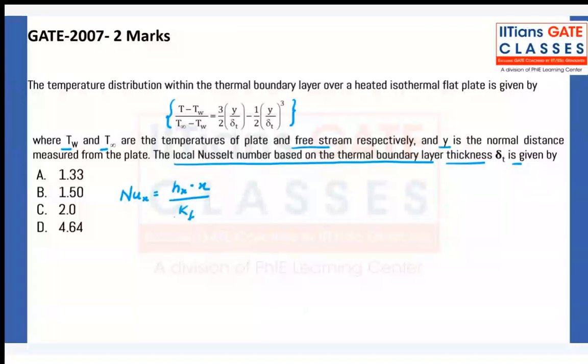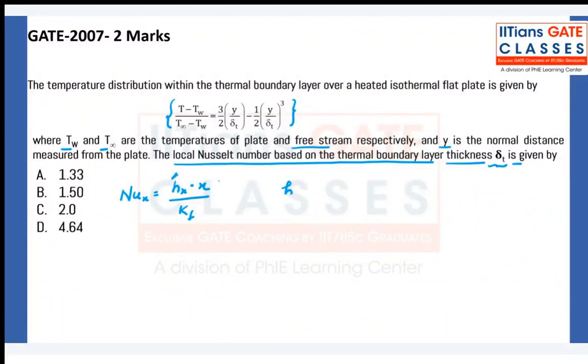Now I need to find out at a particular boundary layer thickness. It is based on the particular boundary layer thickness. Now hx, what is hx? If I can find out hx, I can put it in this and calculate this.